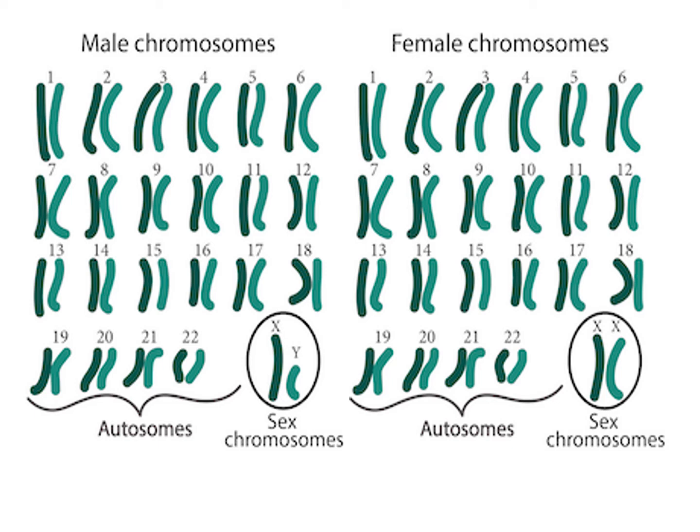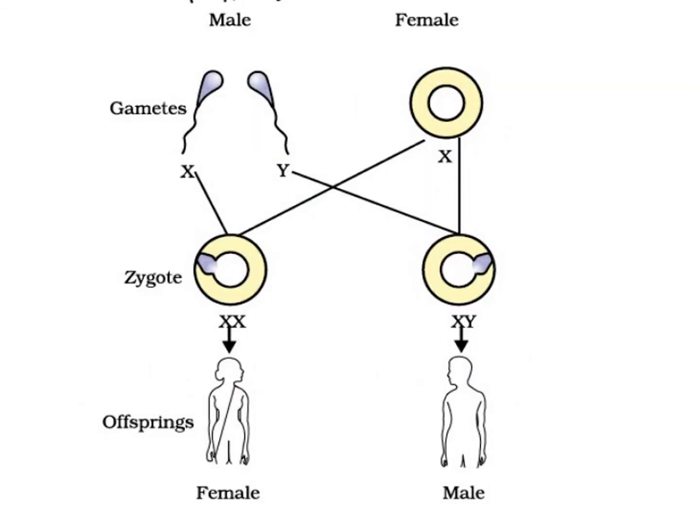But when you're talking about an egg, whenever a female gamete is formed, similar to the sperm, it is going to take one copy only. But because both the sex chromosomes are X only, all the eggs are of one type only, that is 22 plus X. So, if the sperm which has the X chromosome combines with the egg which is X, the X of the sperm and the X of the egg combine together to give rise to a girl child.